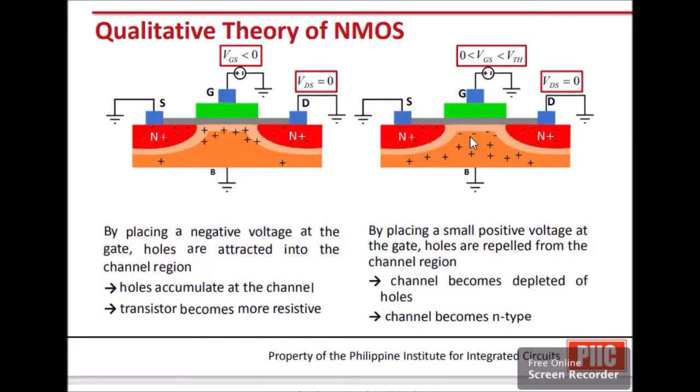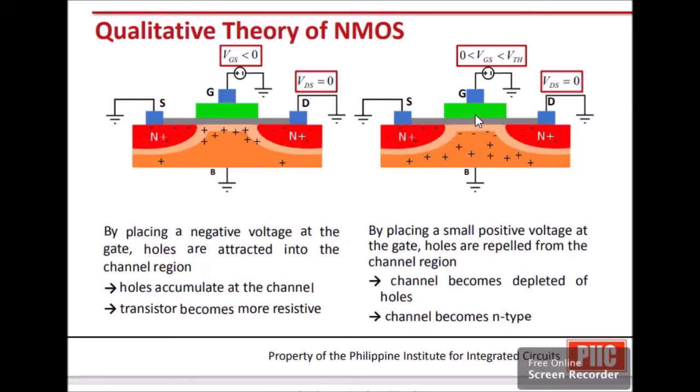Kaya kung nakikita nyo, andito na yung mga negatively charged particles, mga electrons. Kasi itong substrate din naman na to, somehow, meron din siyang electrons. So, ayun, yung mga electrons niya napupunta dito because na-attract siya sa positive na to. And then, thus, allowing connection between the drain and the source. Okay? So, again, N-channel yung ating na-produce.